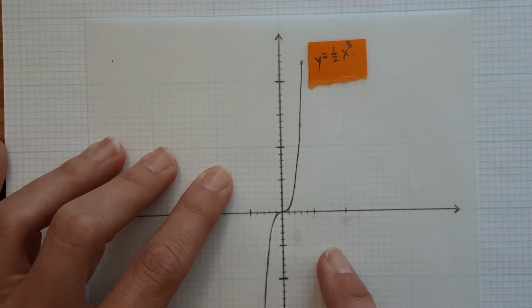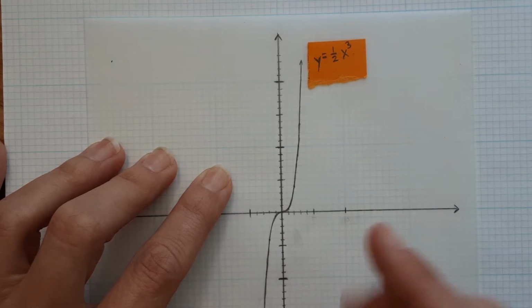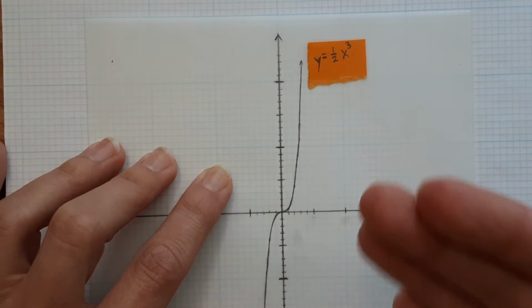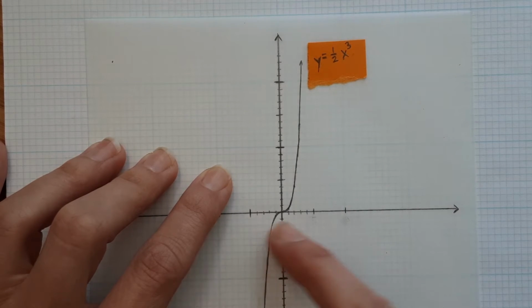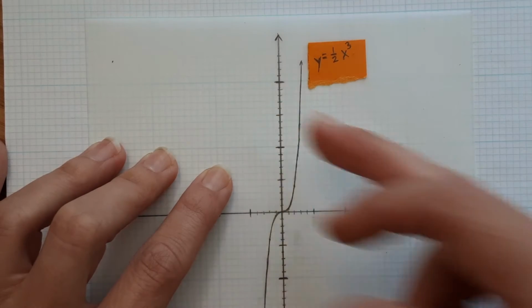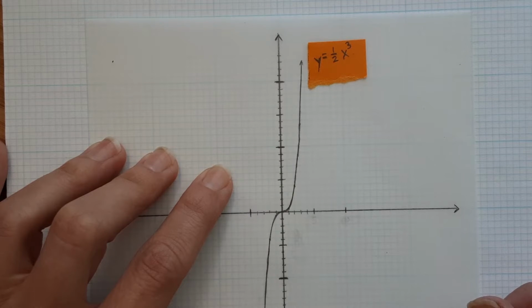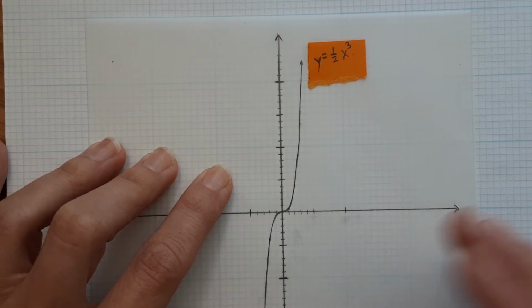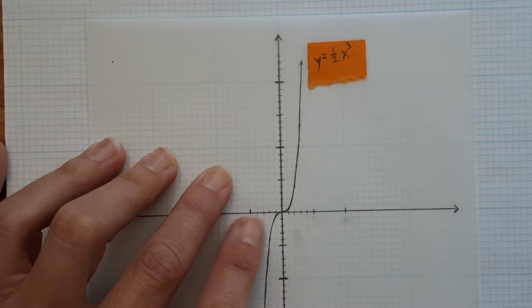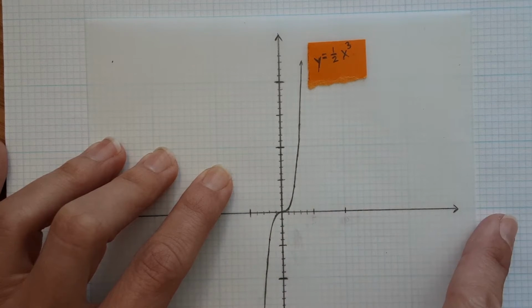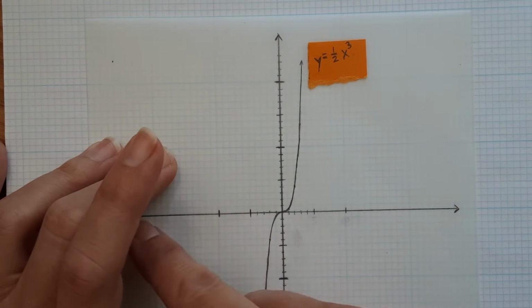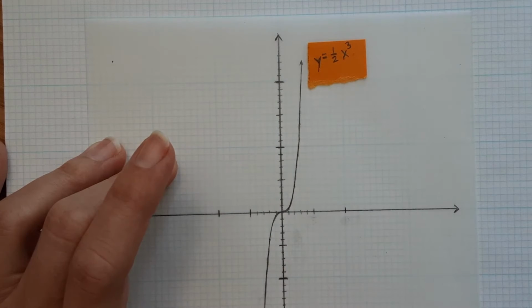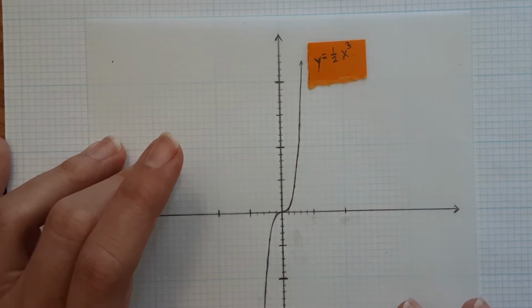So I want to think physically about what moves I would do in order to swap the x-axis with the y-axis. And I want to keep the orientations the same. So I want the positive x-axis to be moved to where the positive y-axis is, and the negative x-axis to move to where the negative y-axis is, and vice versa.